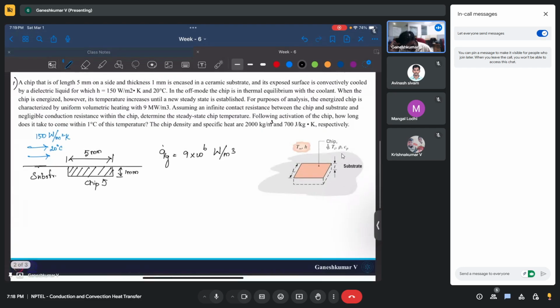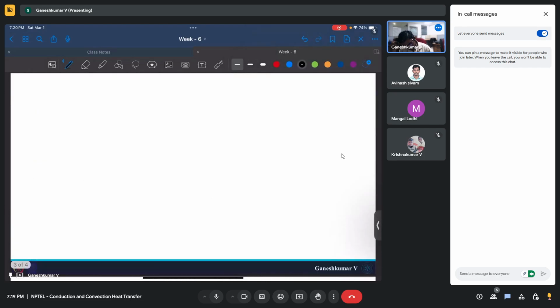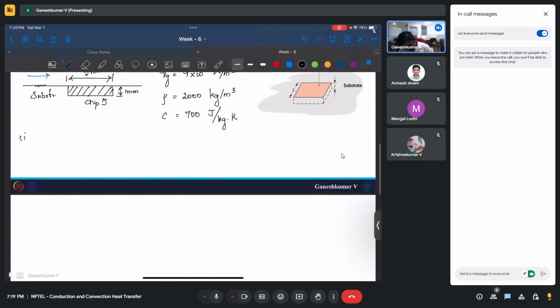The chip's density is 2000 kg per meter cube, and Cp is 700 joules per kg Kelvin. I think everything is taken into account. The two things we need to find are the T of the chip. Maybe I will just call it T.